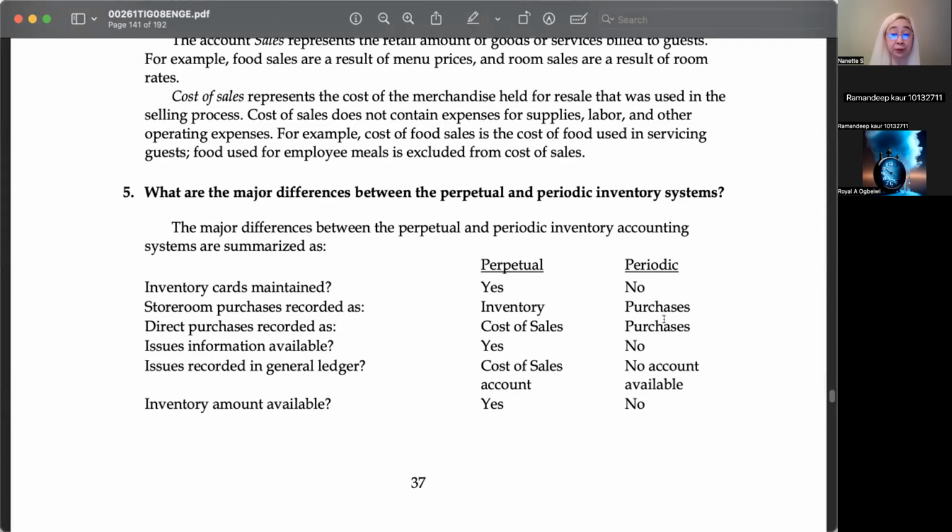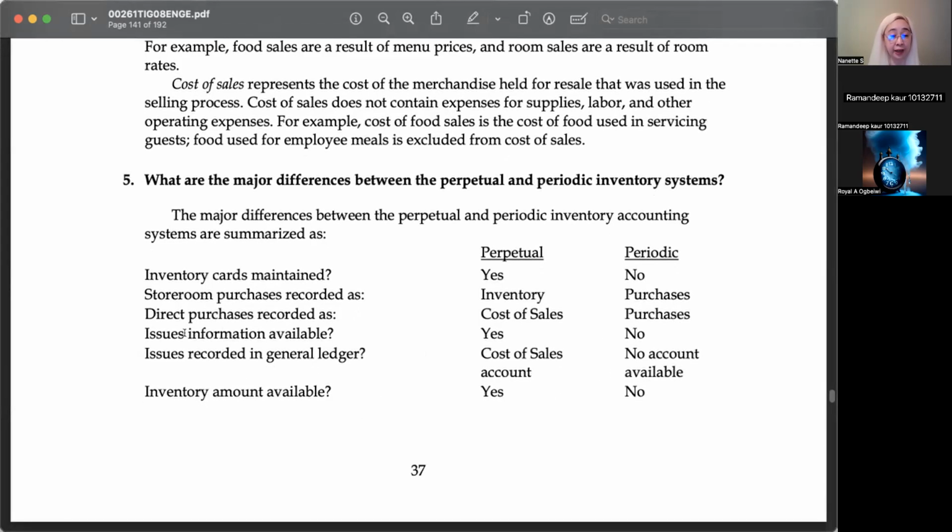But if you're using the periodic system, you will record it as purchases. For direct purchases, you will put it under cost of sale if you're using the perpetual system, but you will record it under purchases if you're using periodic.